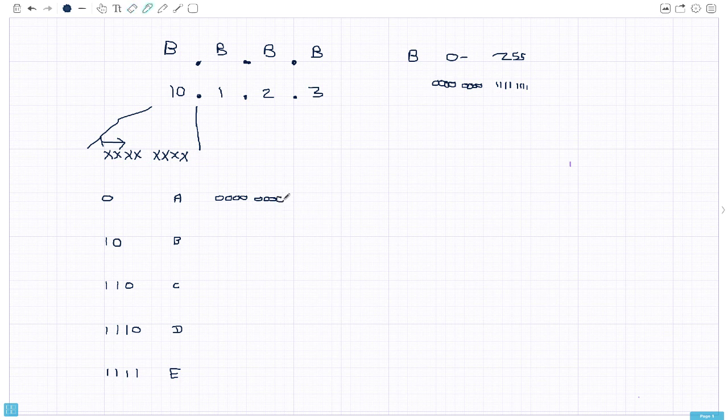I am drawing these with my mouse, so please bear with me. So it goes from 8 zeros through to 0 followed by 7 1s.